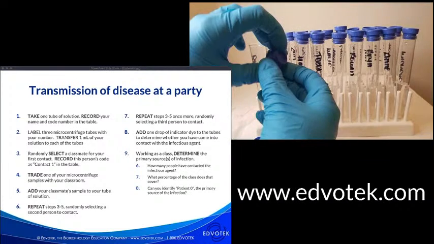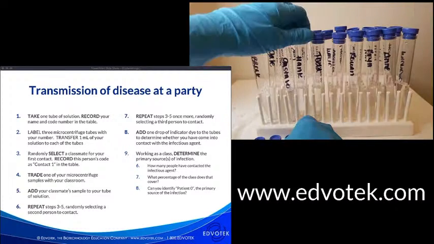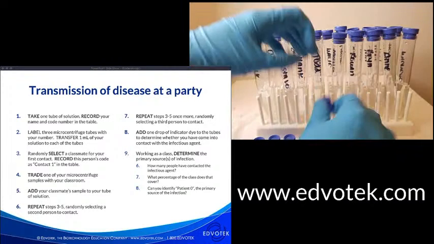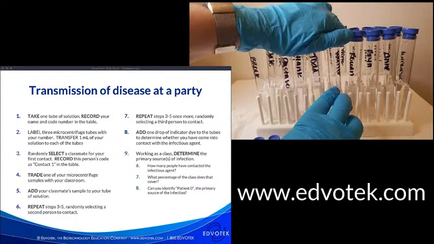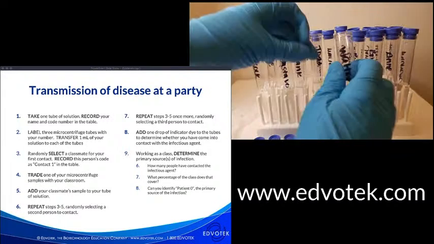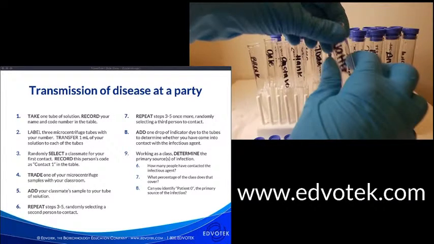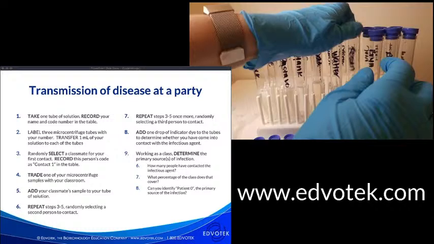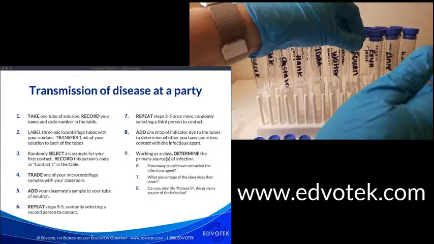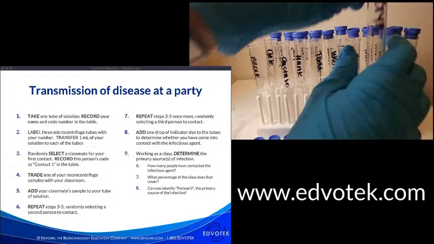And then we are going to add our indicator dye to these tubes. Again, each student will have 1 tube that's theirs. You as the teacher should definitely keep track of which ID number or which name gets each tube, because one of these tubes is filled with a solution that we're going to be calling our pathogen.